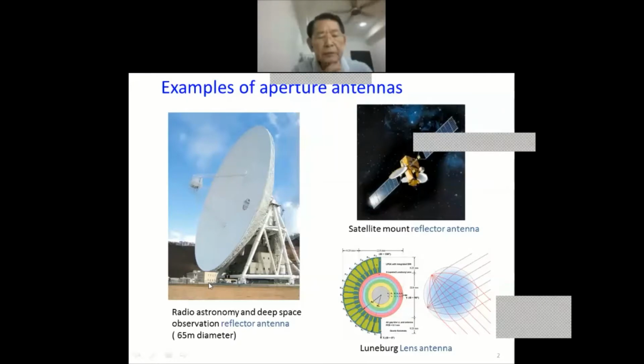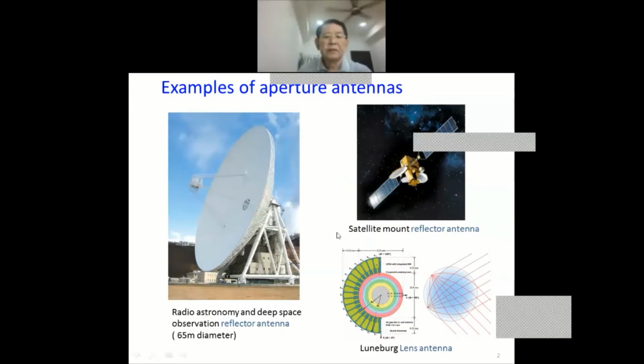This is used for radio astronomy and deep space observation. So it has very high gain, and the antenna size is very large. This antenna was fabricated and installed in Japan.